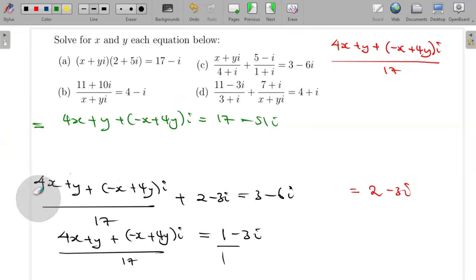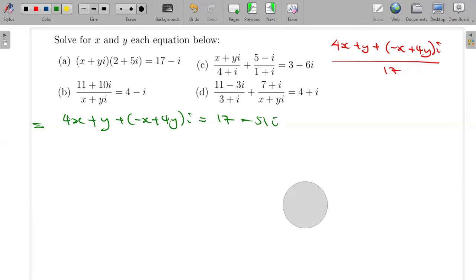Now I can equate the real part to the real part, and the imaginary part to the imaginary part. So I get 4x plus y equal to 17, and negative x plus 4y equal to negative 51.